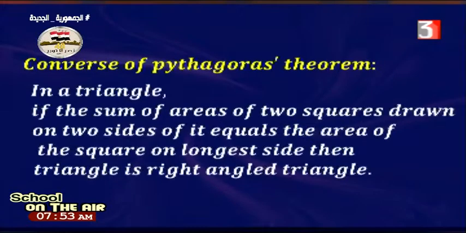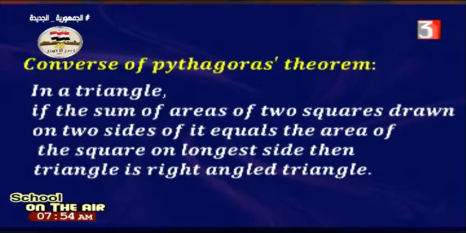So converse of Pythagoras' theorem says that in a triangle, if the sum of areas of two squares drawn on two sides of it equals the area of the square on the longest side, then the triangle is right-angled triangle. So the given will not be right-angled triangle. You are going to prove that it is a right-angled triangle.